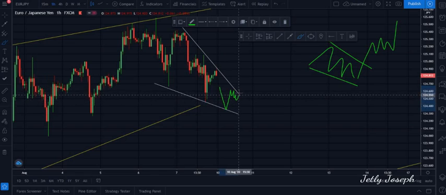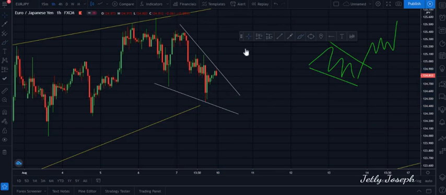To be on the safer side, if you are not somebody who would want to take a risk entry, what you could do is you could wait for the pattern to confirm the trend.